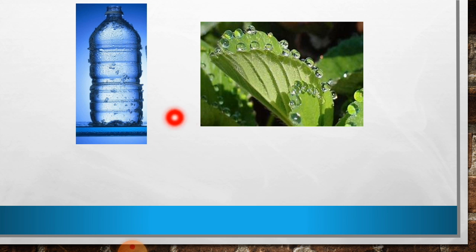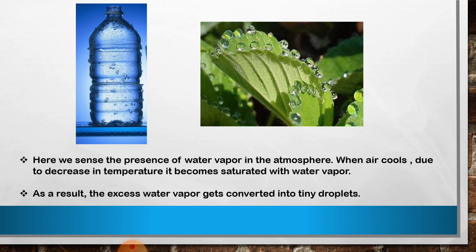Then the second activity, in the same way, if we observe the leaves of plants or grass, or the window glass of a vehicle in the early morning, we see water droplets collected on its surface.